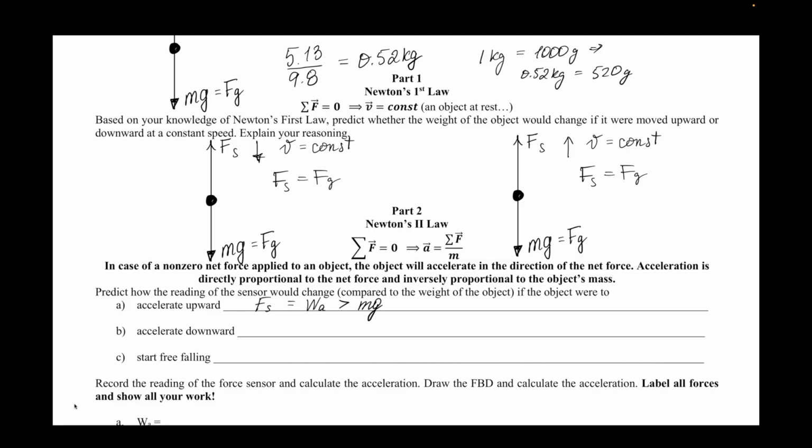If it's accelerated downward, then force of the string, which is the apparent weight, will be less than mg. And if it's free falling, remember what free falling is, it's a motion under the influence of gravity alone, then if gravity is the only force acting, apparent weight is going to be 0. That I did not demonstrate so as not to damage the property.